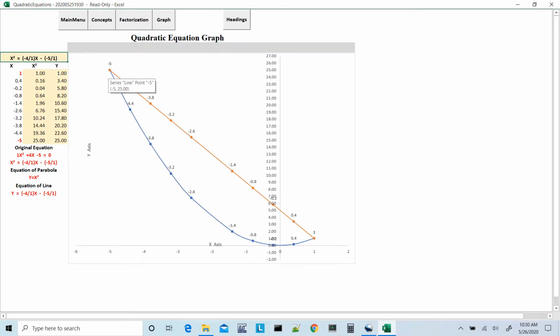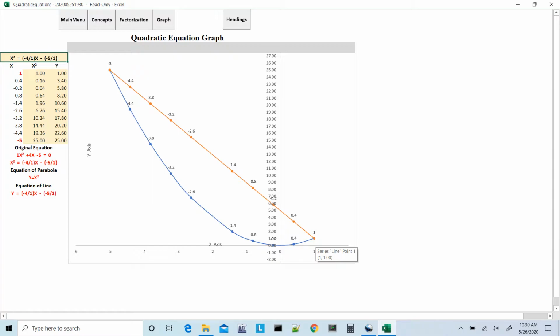And now as you have seen, these two graphs have intersected at this point. In this case, the x coordinate is -5, and the second point has x coordinate 1. Here you see 1, 1.00. So based on the graph, the answer to the solution is 1 and -5.